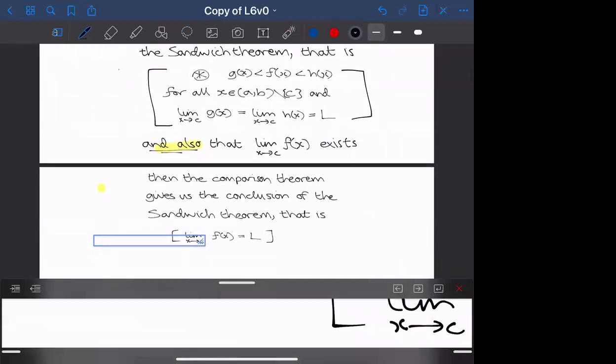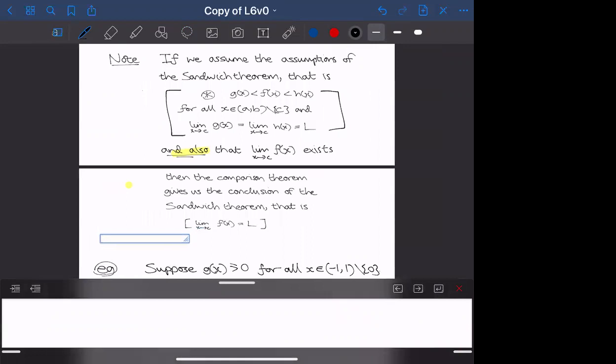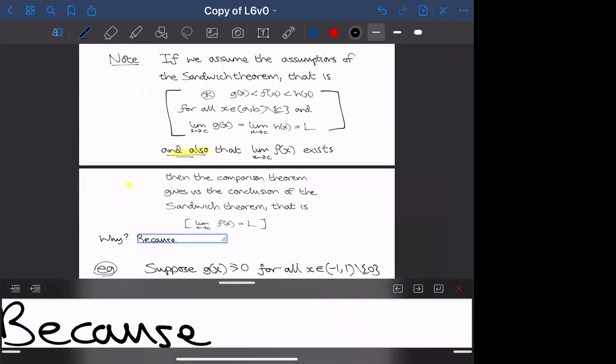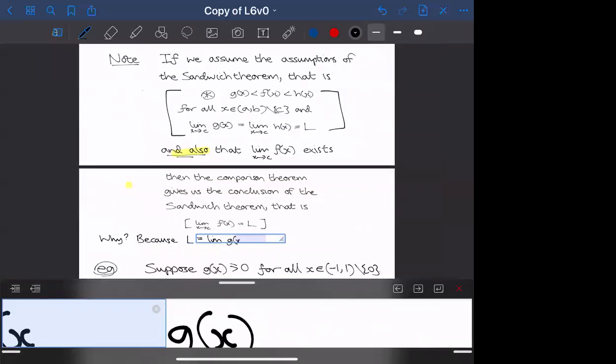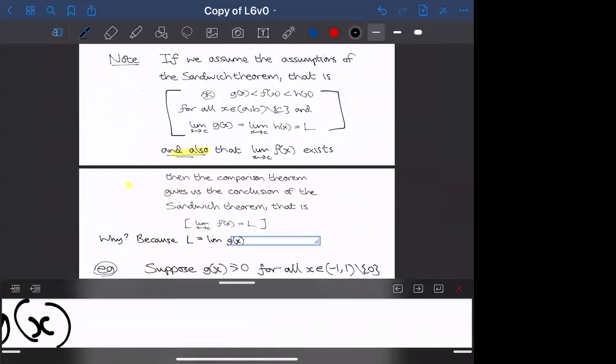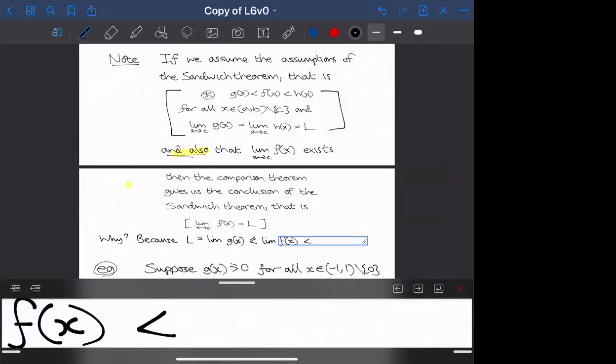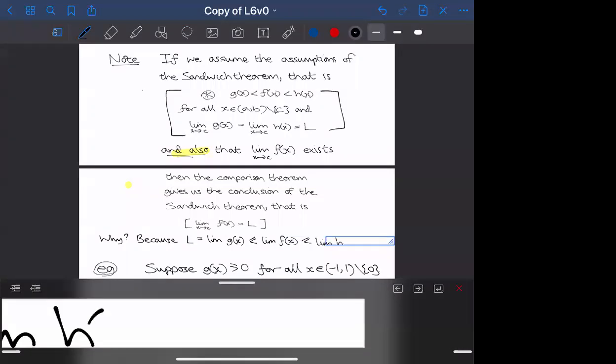So why is that? Well, because if we assume everything on the top half of the screen, then we have that L is the limit of g(x), and the comparison theorem gives us that that is less than or equal to the limit of f(x), and it also gives us that it is less than or equal to the limit of h(x).